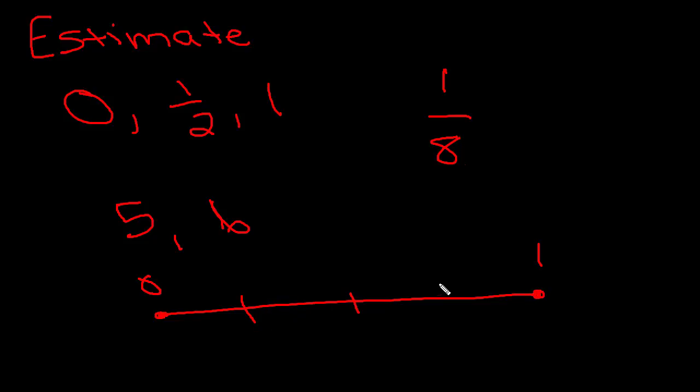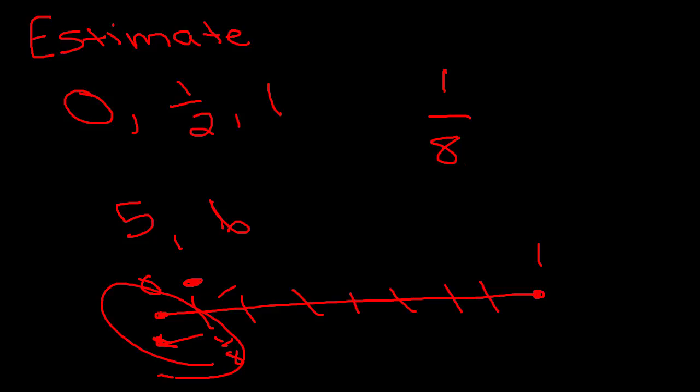So that's divided by 4, and now I'm dividing by 8. So I have 8 numbers going up to 1, 2, 3, 4, 5, 6, 7, 8. Okay, good. So then I know that 1/8 falls right here, which means on this number line, I can see that it is very close to 0. So if I were rounding or estimating, I would round 1/8 over to 0.